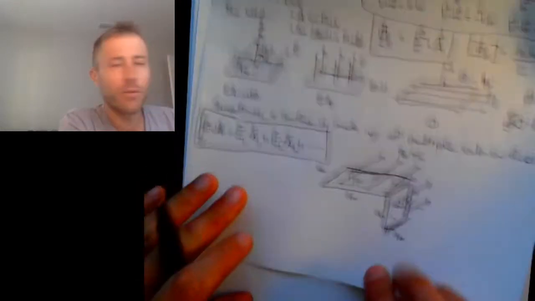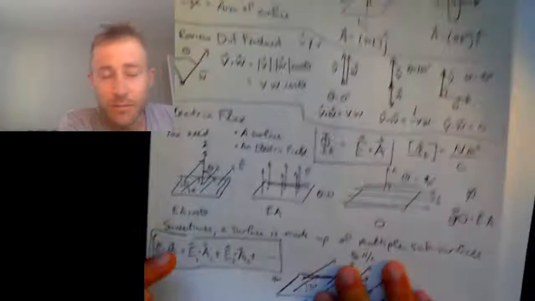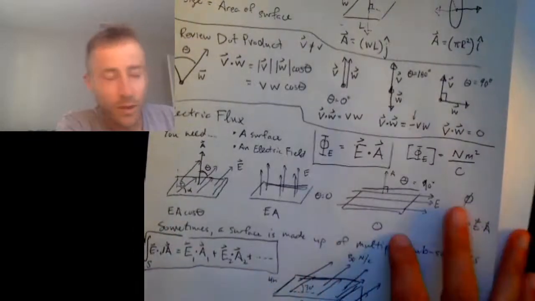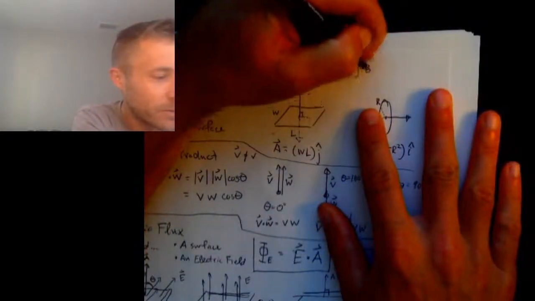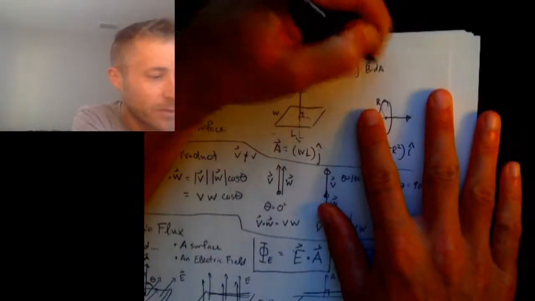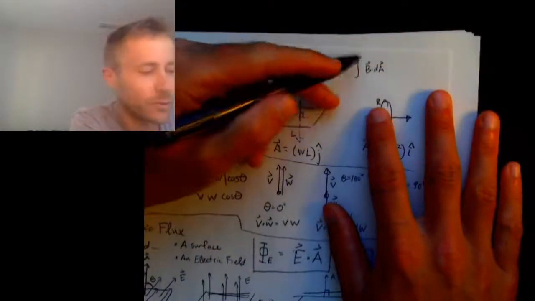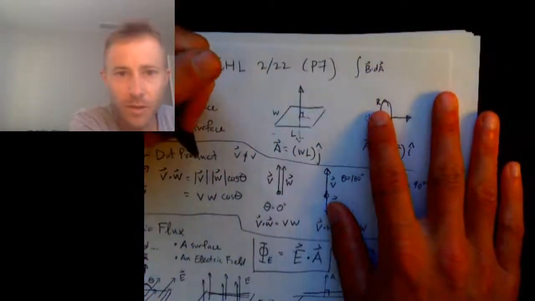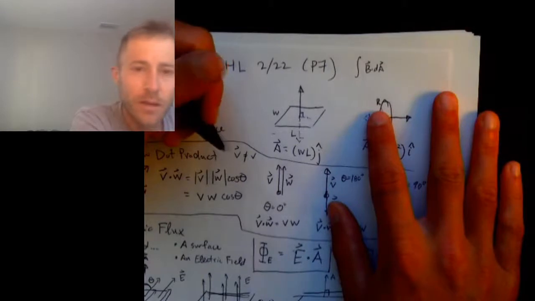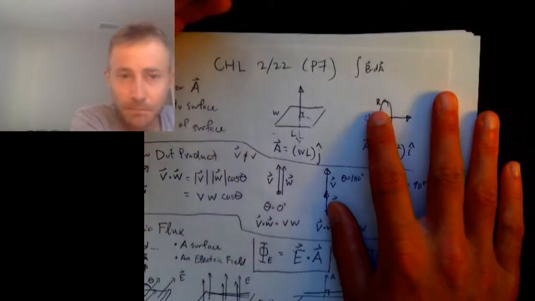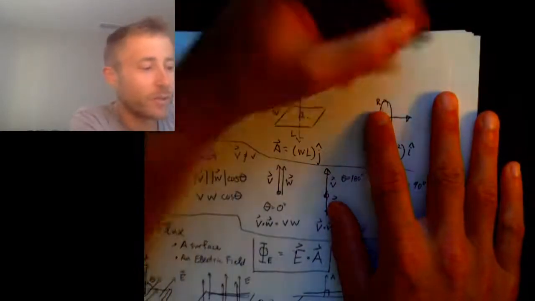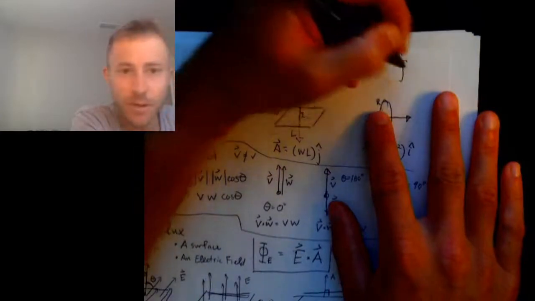And one thing I want to point out is that any vector field can have a flux integral. So later on in this class, we will talk about the flux of the magnetic field. Magnetic field is denoted by B, so this would be the flux of the magnetic field. In fluid dynamics, you oftentimes have the flux of the velocity of the fluid.